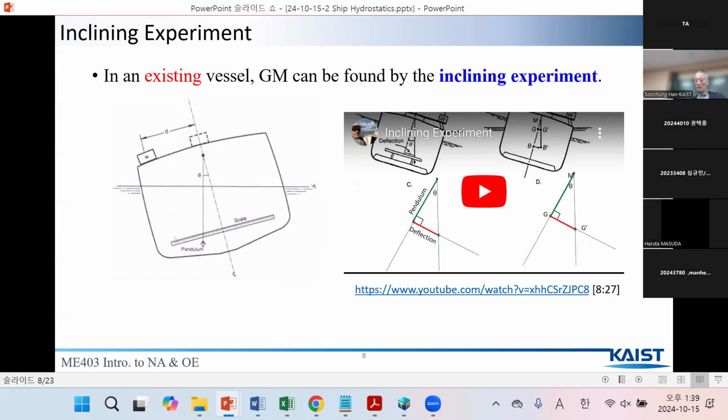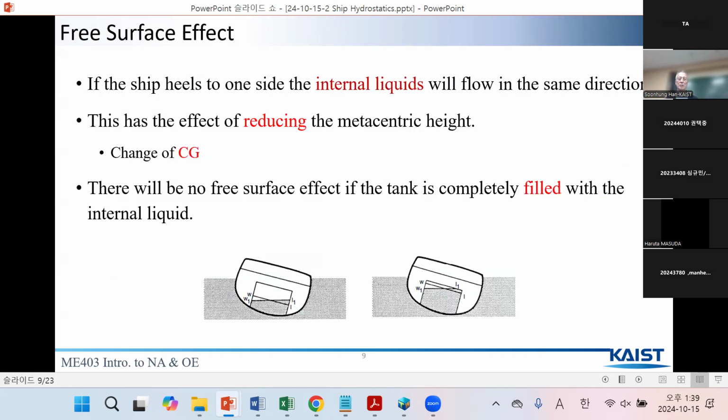There's the way they are doing it, and the free surface effect. If there is a tank, probably in the bottom of the ship, that carries fresh water for drinking or showers, and also fuel oil for the ship.